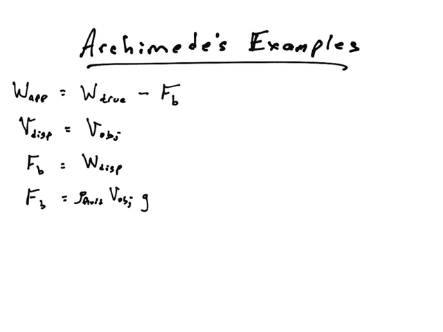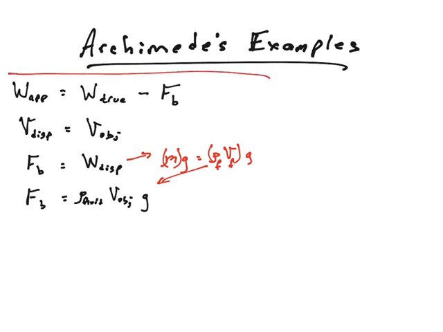And the reason we get this is because if we say weight of the fluid displaced, well, weight is mass times gravity, and mass is rho times V. So if this is the fluid's density and the fluid's volume, we then use the fact that the volume of the fluid is the same as the volume of the object that was put in, and that gives us this.